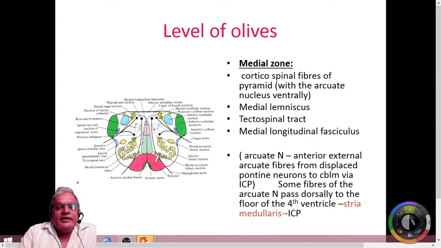And then you find the pyramid, and behind the pyramid you find the medial lemniscus, which has come from the dorsal column medial lemniscal pathway, mediating proprioceptive sensations. Then you have the lateral spinothalamic tract, which comes here, along with some more tracts.